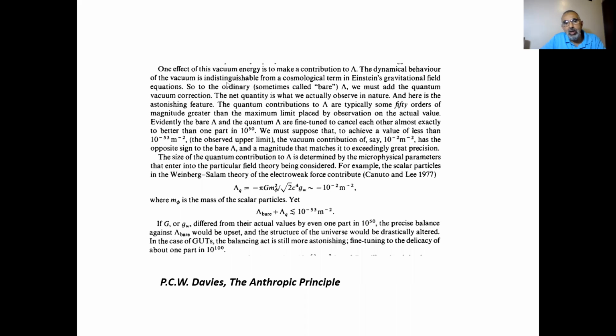And that this dynamical behavior is indistinguishable from the cosmological term in Einstein's gravitational field equations. And so to the ordinary bare lambda, we have to add the quantum field correction. And when we do that, the quantum contributions are some 50 orders of magnitude greater than the maximum limit placed by observation. So bare lambda and quantum lambda are fine-tuned to cancel each other almost exactly to better than 1 part in 10 to the 50.